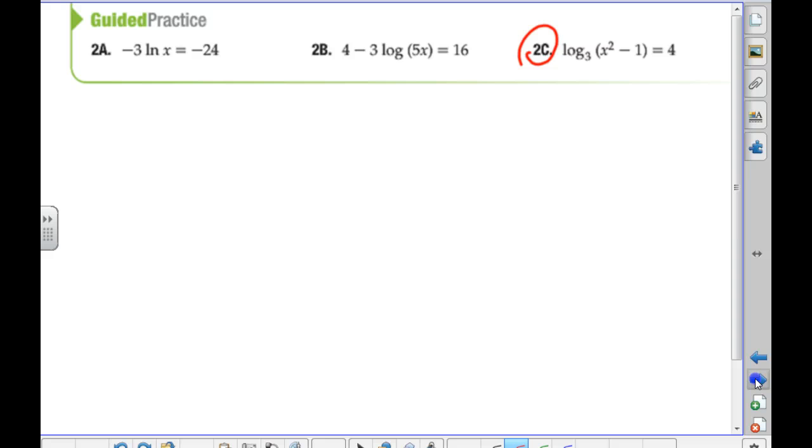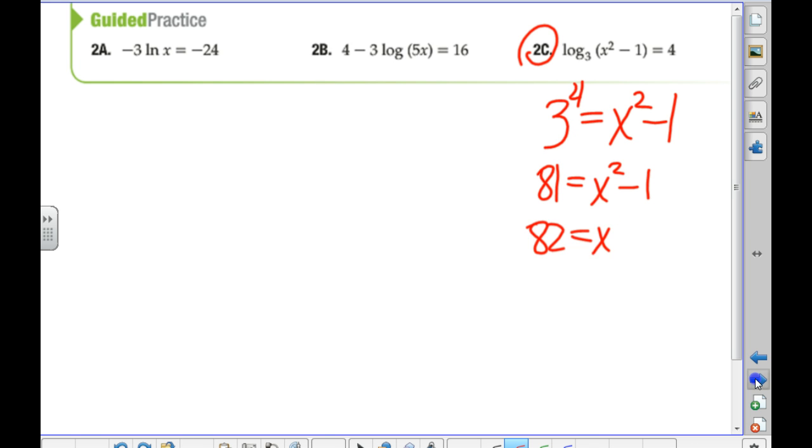3 to the 4th is equal to x squared minus 1. That's how I would have done it. Okay? I was really happy because 81 is a perfect square, but it's not 81 anymore, is it? It's 82. This is 81. So it's 82. I don't know.